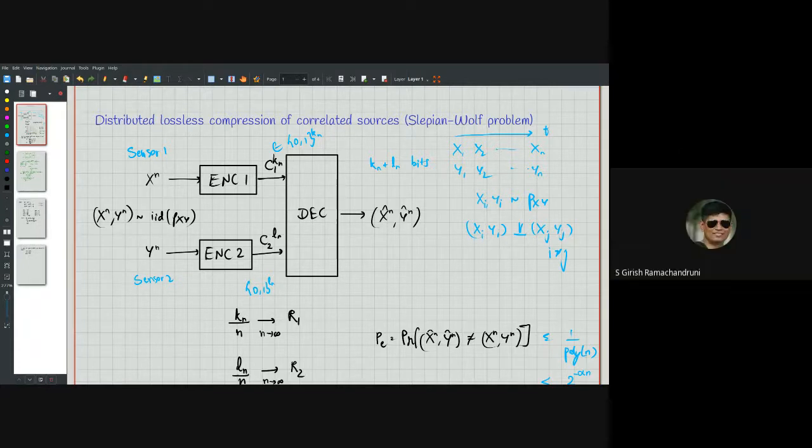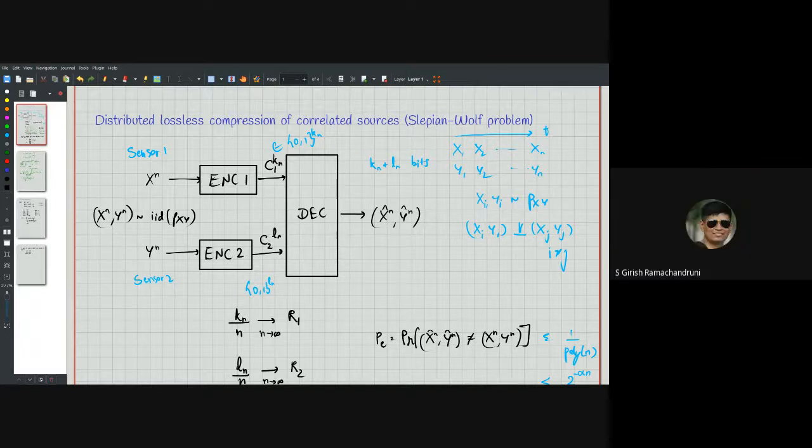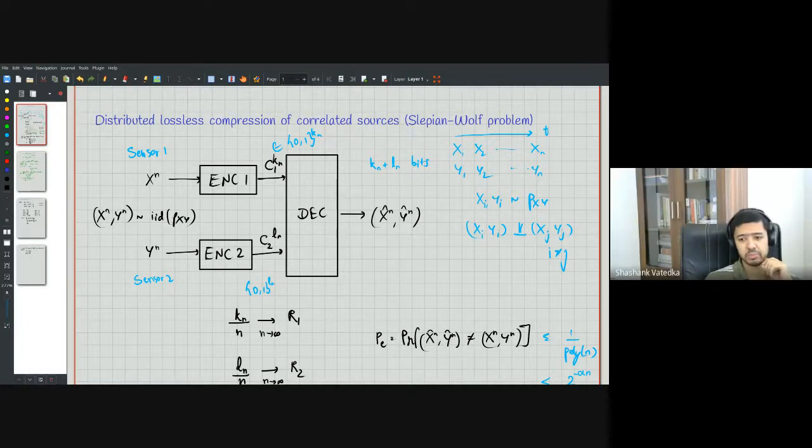Sir, if we reduce p, and if we do decoding jointly, we can get better results. That is the statement? Correct. P is determined by the source; that's not in your control.